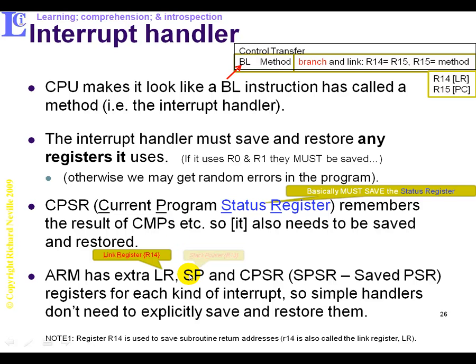And we might need, as it says there, to save a stack pointer, and even, as we've just seen, the current program status register. So we need to do all of this so we can hand over to the interrupt, so we can then save them down and then restore them, the present context of the presently running program.